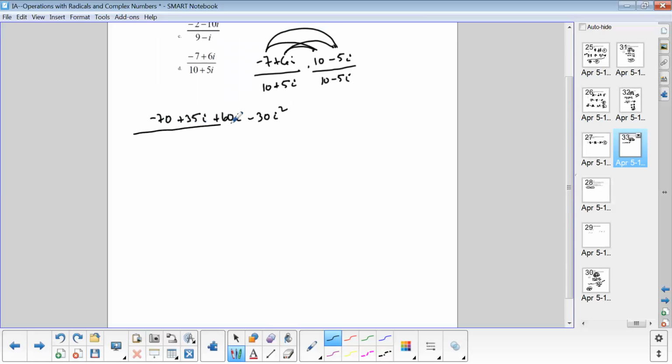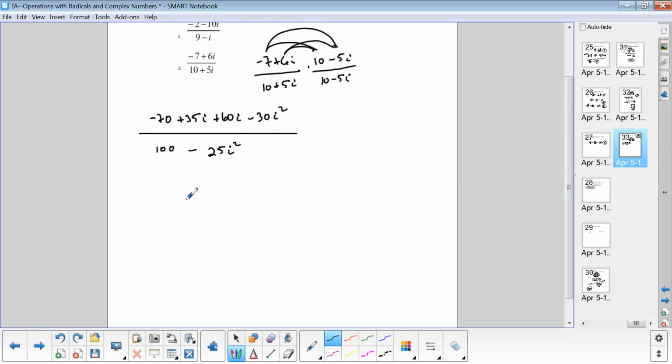And then remember what happens with the denominator. When you take the conjugate and you multiply that, you're going to get 10 times 10, so you're going to get 100. And then that would be negative 50i, positive 50i, so that would disappear, and then you're going to get negative 25i squared.